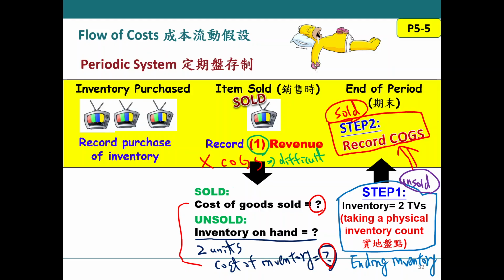How do you get how many you sold? You use the formula, right? So what's the formula? Total inventory you have minus ending inventory, right? Then you can figure out how many you sold.